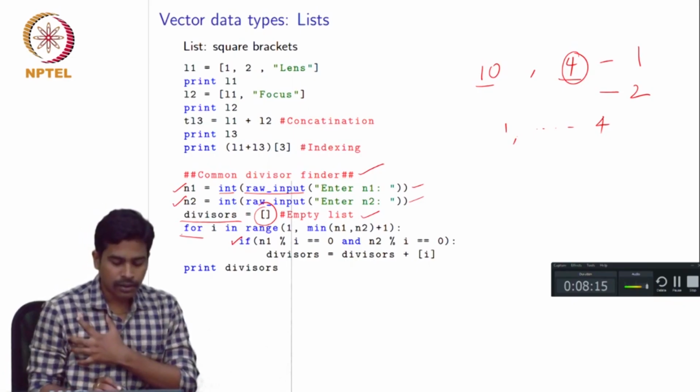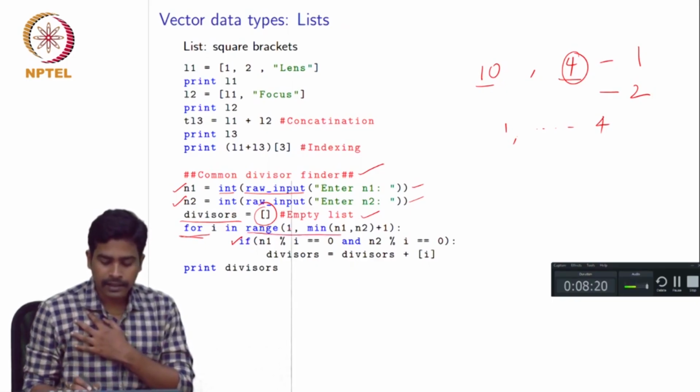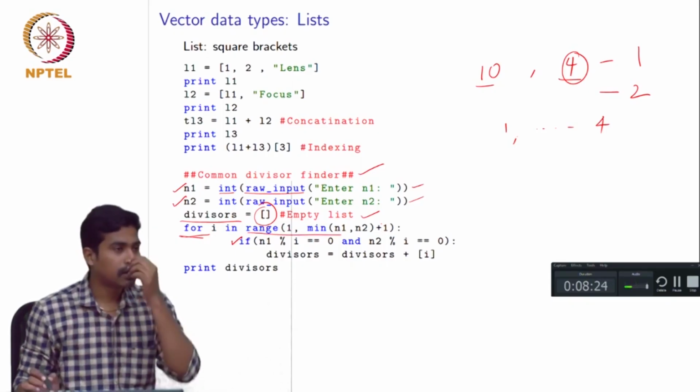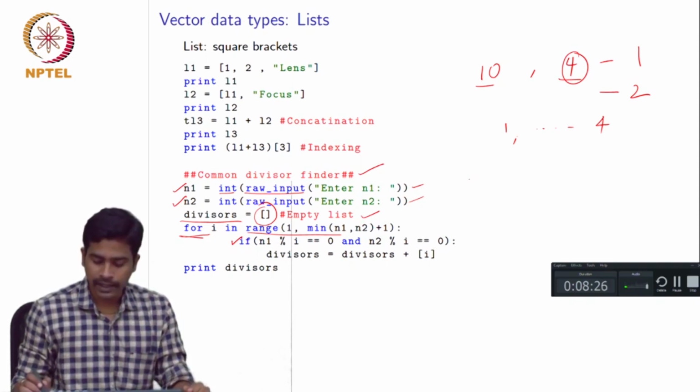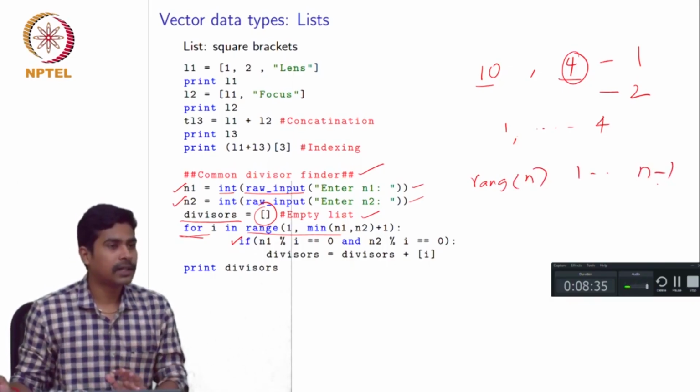Okay, so again I have started a for loop, and the range of numbers that I am taking here is 1 to the minimum of these two numbers plus 1, because if you remember in the last lecture we have seen that the range command will only give the values from 1 to n minus 1. So in order to compensate for it, we have to get values from 1 to n.